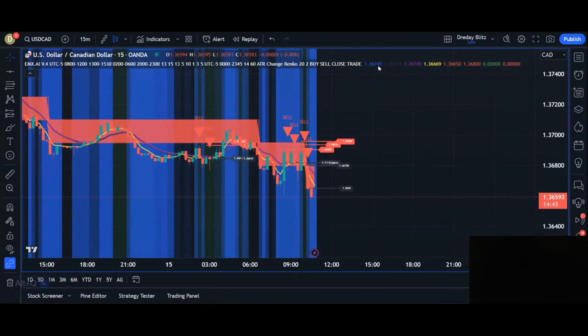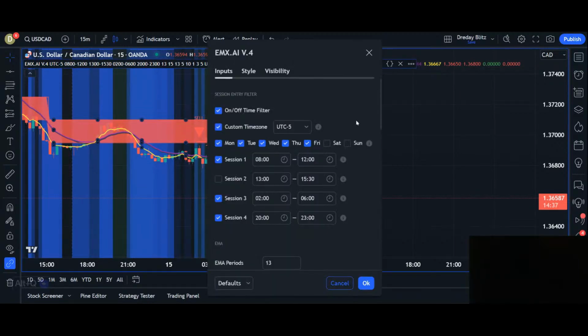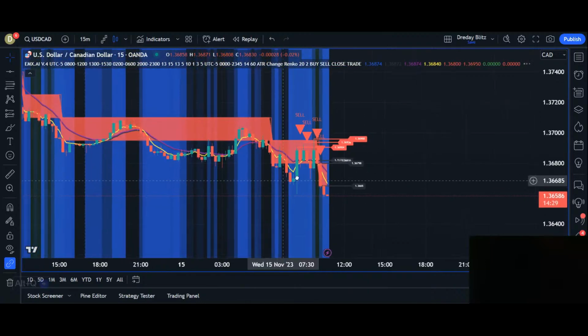First of all, make sure that we have the right settings here for the time. So USD CAD, it will be only New York session. So close it out. Boom.